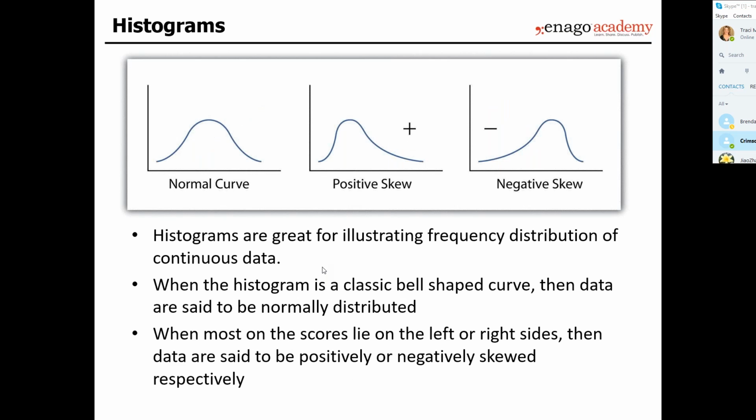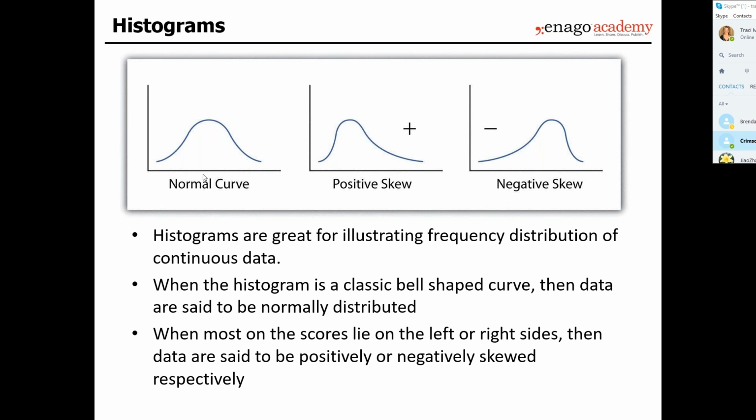Okay, and histograms. Now, when you're looking at this picture, it is not necessarily a histogram, but it is showing you what the pattern of the bars would represent given different types of distribution. So, for example, on the left side, a normal distribution would have bars, if this was a histogram, that were small at the outer edges of this mountain and taller in the middle, but they would be equal on each side.